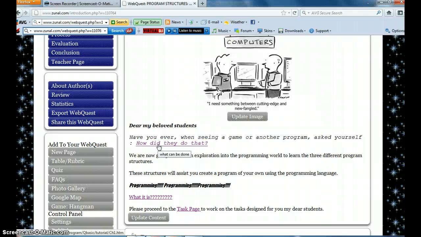Furthermore, they can learn more about programming on the introduction page by clicking on this hyperlink, and they will be directed to a programming page where they can learn what programming is all about.